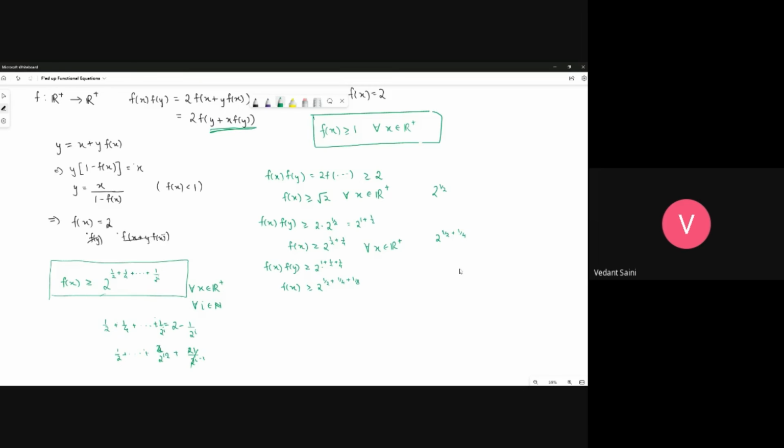We reduce the power, there is a 2 to the i minus 2 here, that gets doubled and we reduce the power, and so on. So in the end, it's just 1 half plus 1 half, which is 1. Oh, sorry, it's 1.